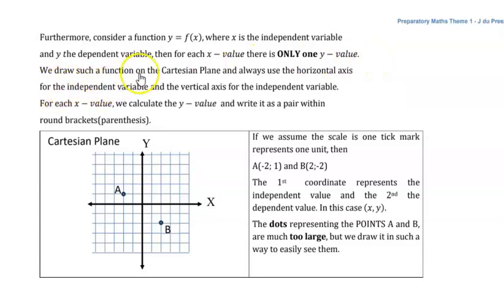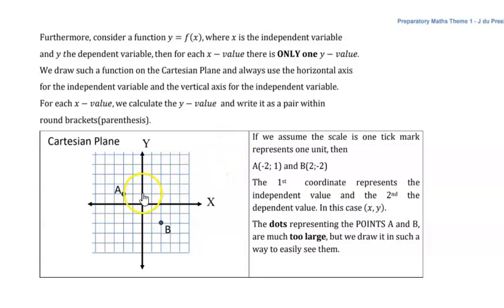We draw such a function on the Cartesian plane. This is a Cartesian plane where we have an x and a y, 2 dimensions. And we always use the horizontal axis for the independent variable and the dependent variable on the vertical axis. Note that for each x value, we calculate a specific y value and write it as a pair within round brackets or in parentheses.